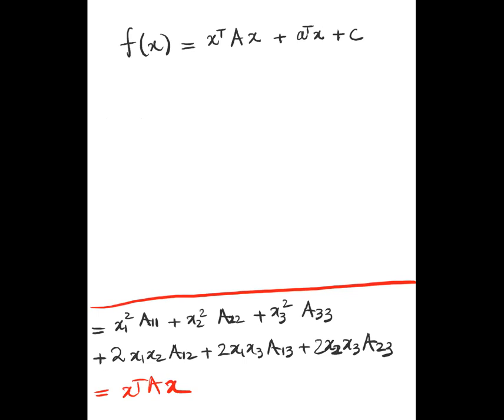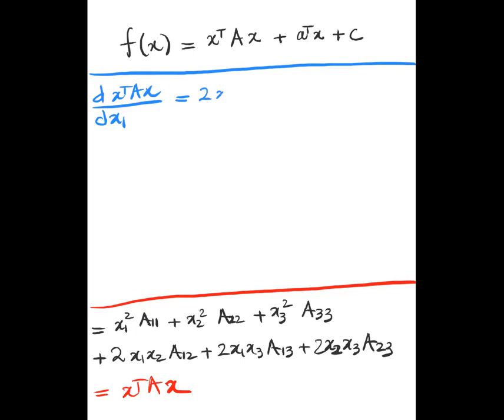Now, what is the derivative of x transpose A x with respect to x1? 2 x1 a11 plus 2 x2 a12 plus 2 x3 a13.